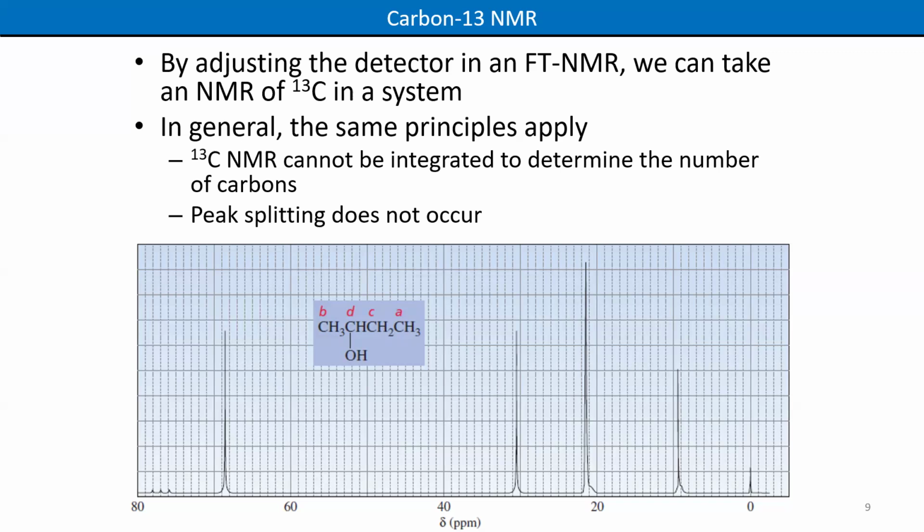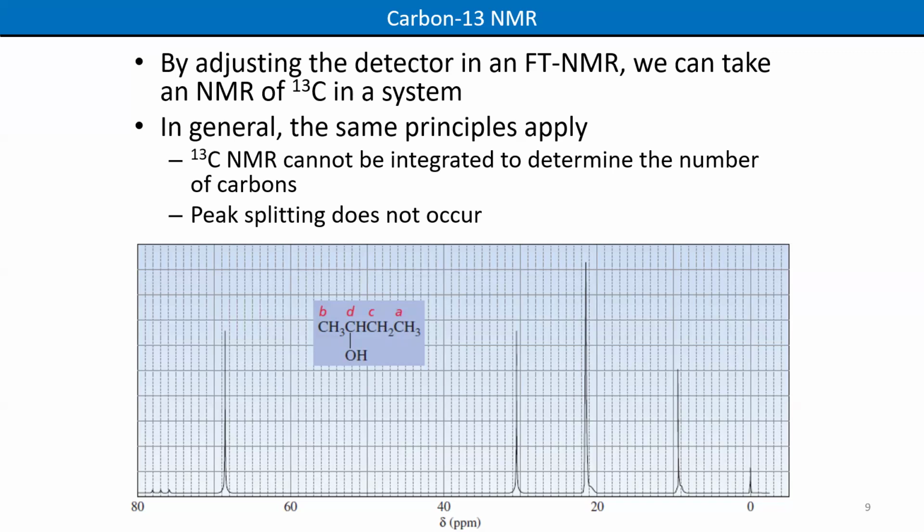We can't integrate and we don't have peak splitting to tell the difference, but we can be pretty certain that this is going to be D all the way over here, because the most deshielded carbon is going to be the one furthest to the left, directly attached to the oxygen. And then the methyl groups tend to be the furthest to the right. If we're ranking these, the methyl group that's closer to the oxygen will be slightly more deshielded than the methyl group that's an extra carbon away.